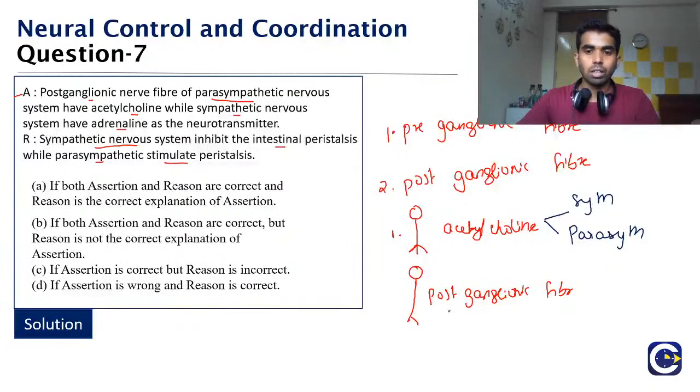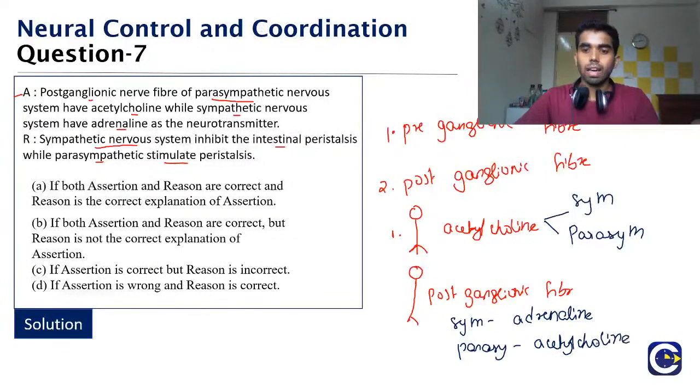In the postganglionic nerve fibers, the sympathetic nervous system releases the adrenaline, whereas the parasympathetic system releases the acetylcholine.